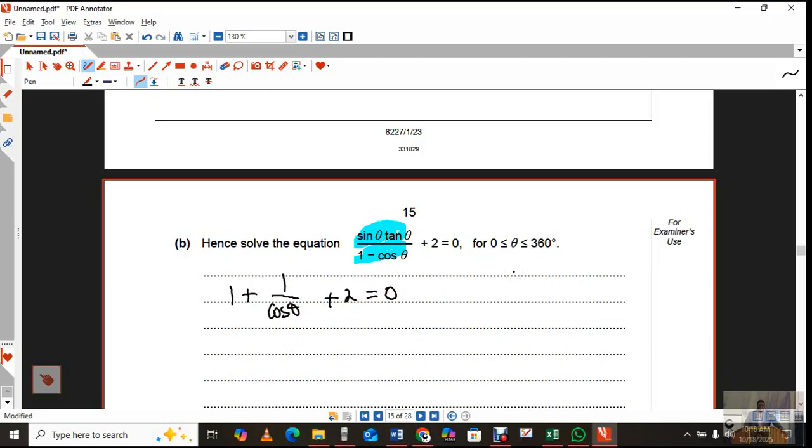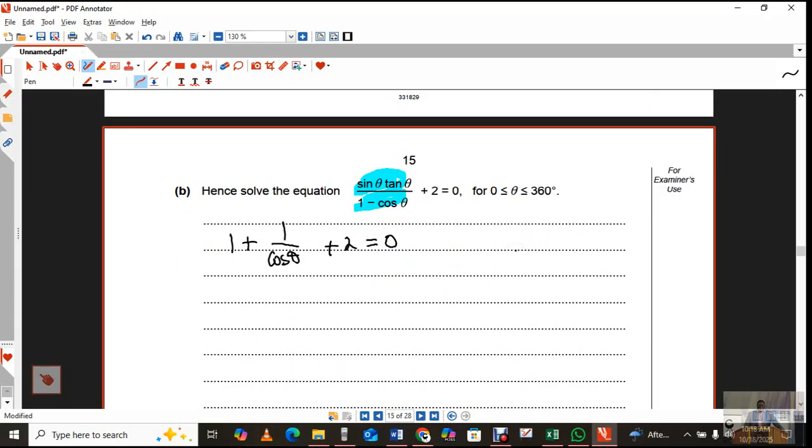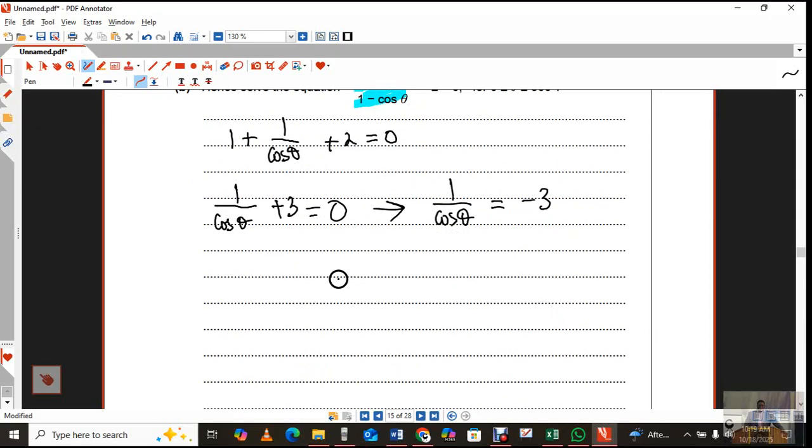So we're going to look for that angle between 0 and 360 degrees. It is going to be the same as 1 over cos theta plus 3 equals 0, which in turn becomes 1 over cos theta equals negative 3 over 1. Ultimately, you can then write it as cos theta is equal to, switch that around, negative 1 over 3.